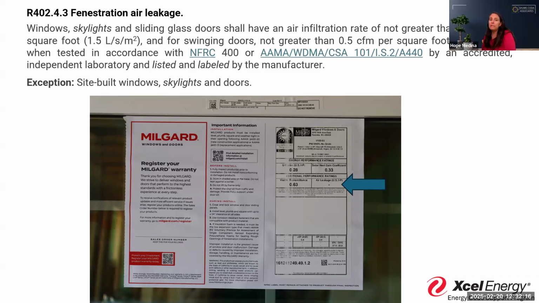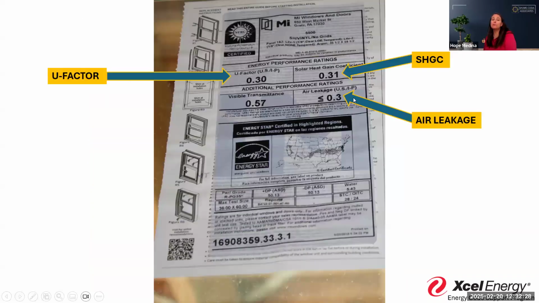I don't know why it wouldn't be listed there, but it does have to meet very specific standards. So maybe it didn't get an NFRC 400 rating. But we should always see windows where this bottom right-hand number is shown and shown to not exceed 0.3. And it does here.